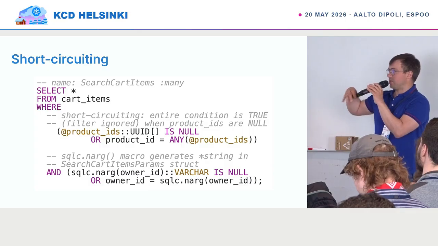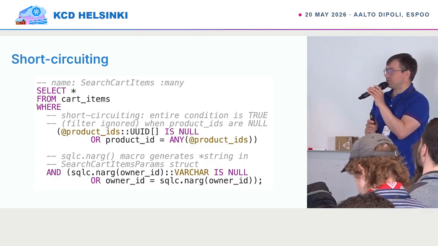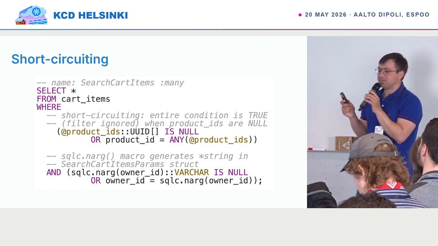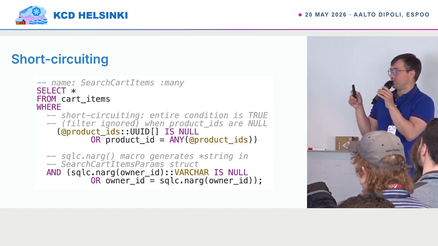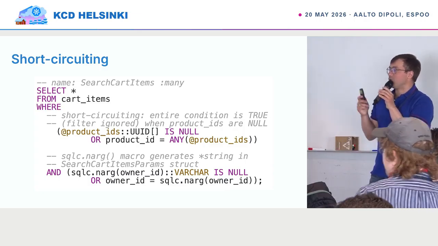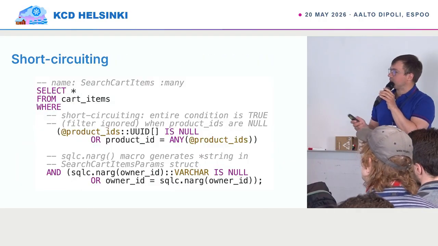It will be part of the query, but it will have no effect. The same goes for the owner ID, but here I show that there is a special marker in sqlc which helps the generator generate a pointer for the owner ID in the struct, which is a way of having an optional field.